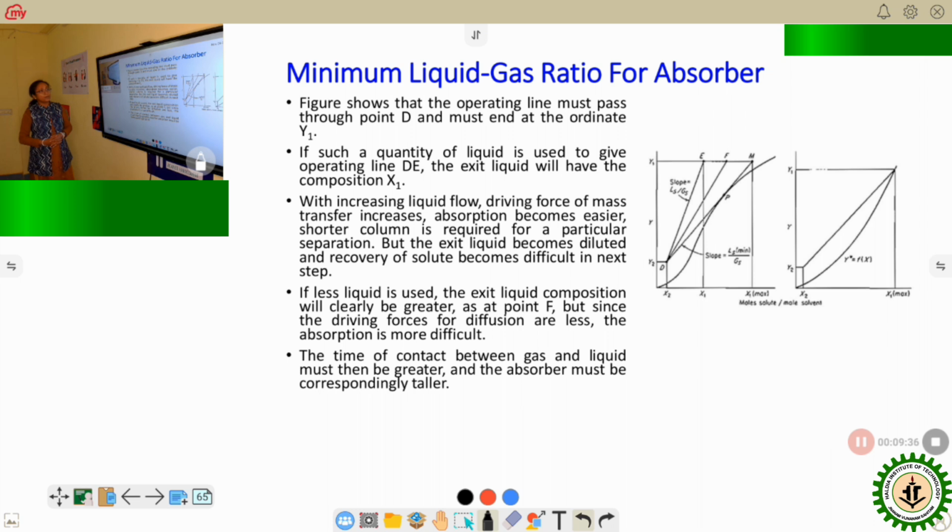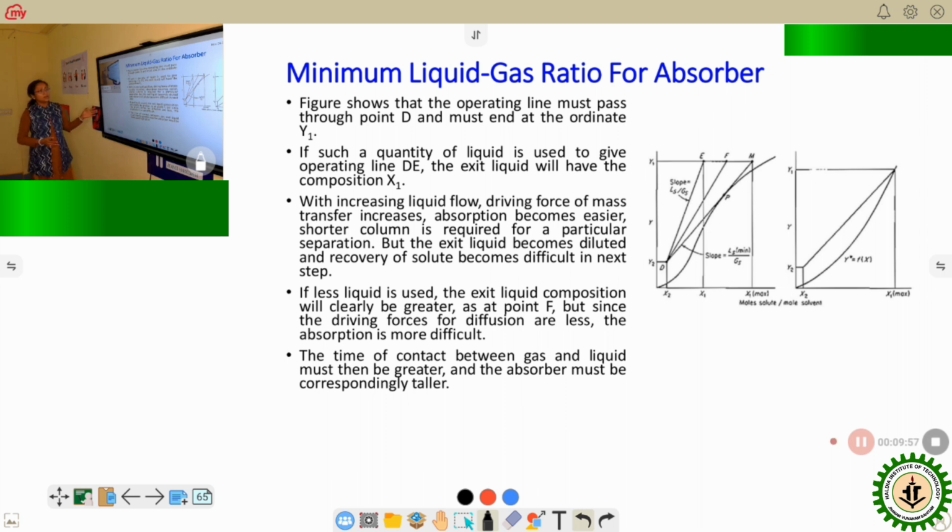Now if we vary the liquid flow rate, the slope of the operating line will vary. It will be convergent to the equilibrium line or divergent with respect to the equilibrium line. If we increase the liquid flow rate, we observe that the operating line slope becomes steeper.